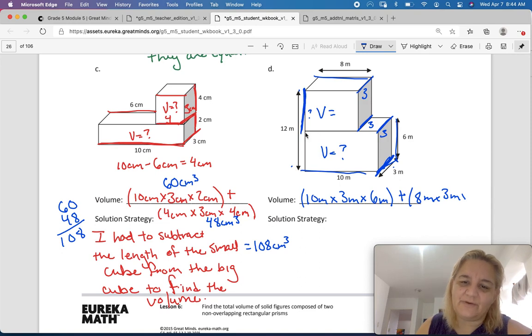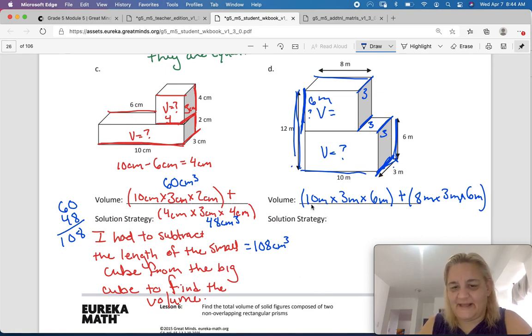But I do know that from here to here, because this is parallel, 6 meters, 6 meters. Okay, so I had to subtract the height of the bottom cube from the top to see how long that was, and I got 6 meters.